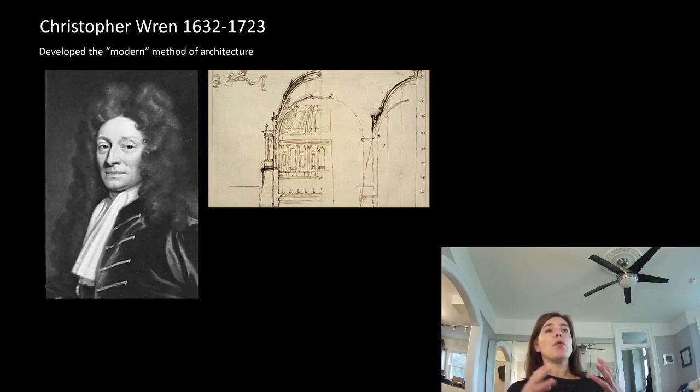So Christopher Wren, who you guys probably all know, developed the modern method of architecture. Before that, the contractor was the architect, often also the owner, but not always. You might have hired someone very specific, but they were usually the engineer, the architect, the artist, the contractor. So all of the roles in one. Wren is the one that said, you know what, everybody has their skill set.